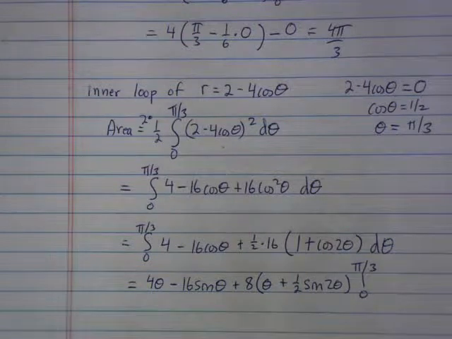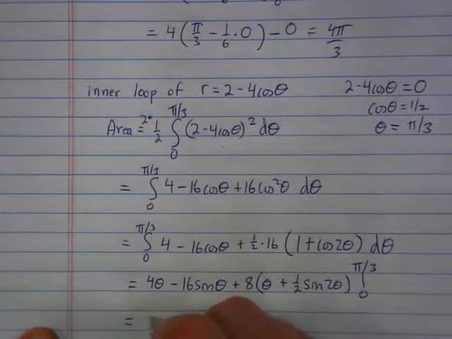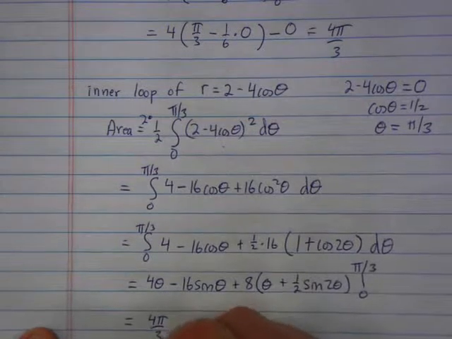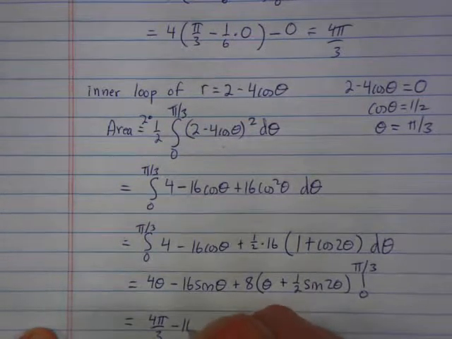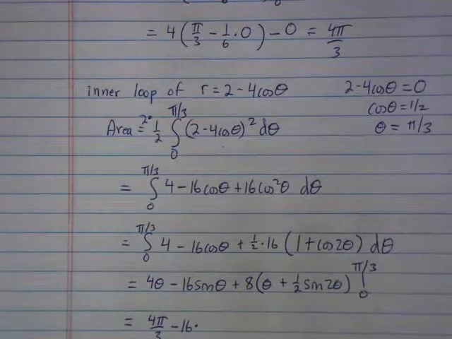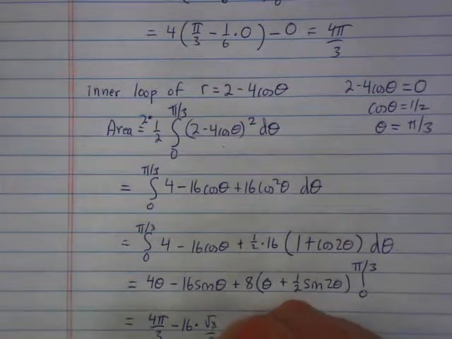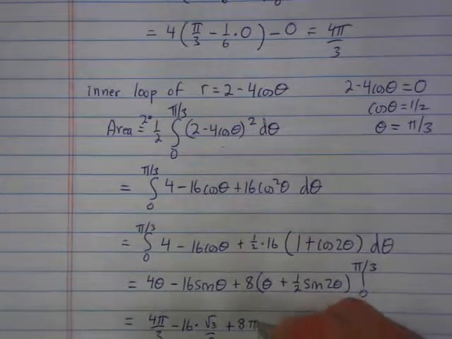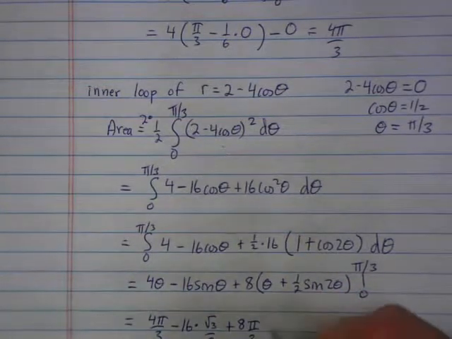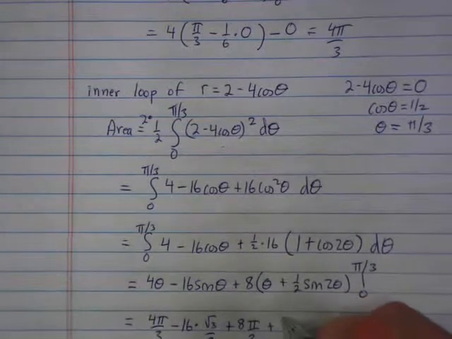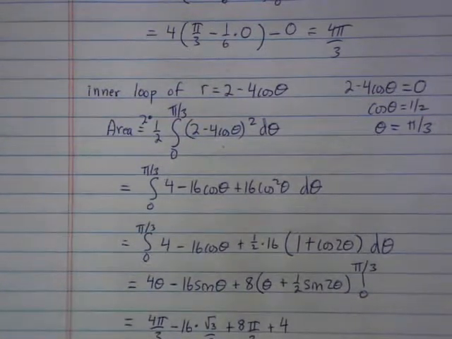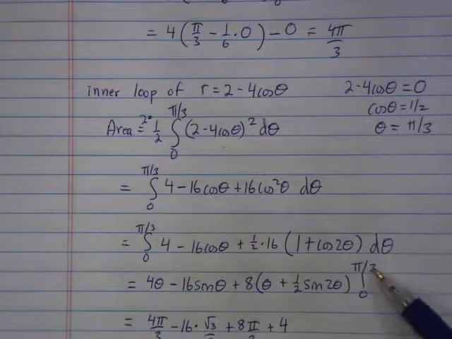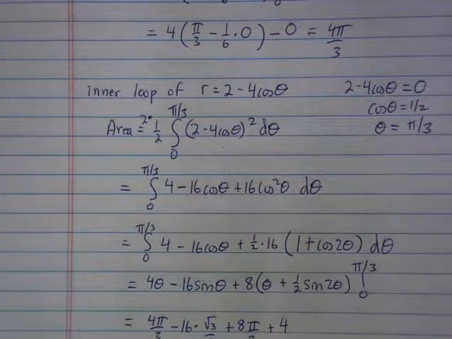I plug in pi over 3, I get 4 pi over 3, minus 16 times, what's the sine of pi over 3? Square root of 3 over 2? Plus 8 pi over 3 plus 8 times a half is 4. I plugged in pi over 3, I had the sine of 2 pi over 3. What's the sine of 2 pi over 3?